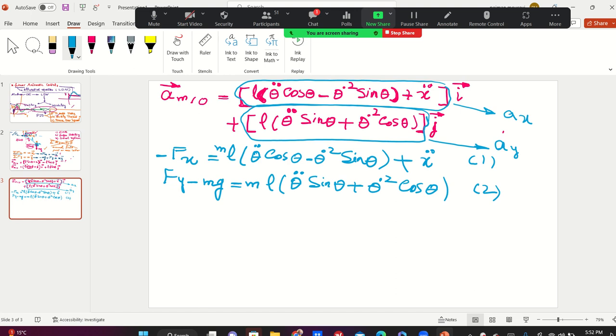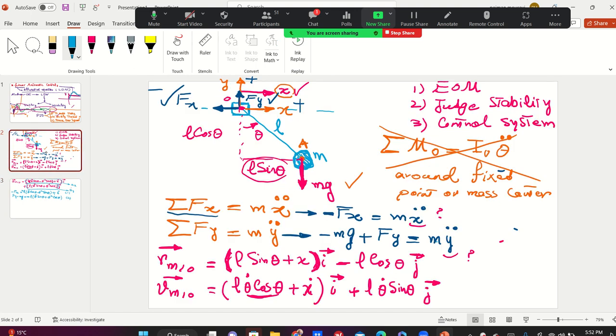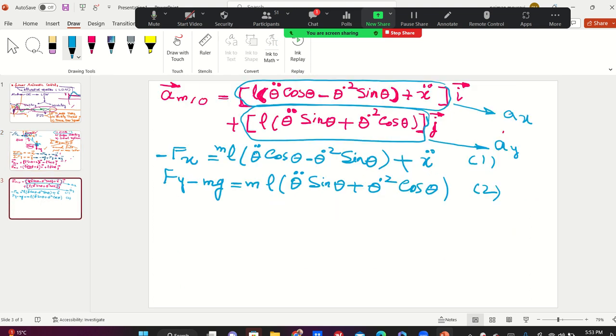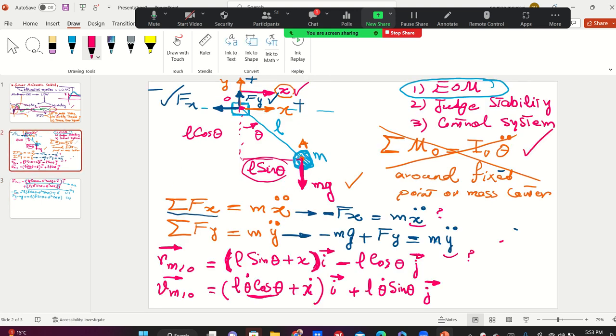So we want to find, based on a control problem, first we are here still. We are here, equation of the motion. But we don't know fx and fy. See what I'm saying? Now you can use the moment equation, but around where? Based on what I said here.